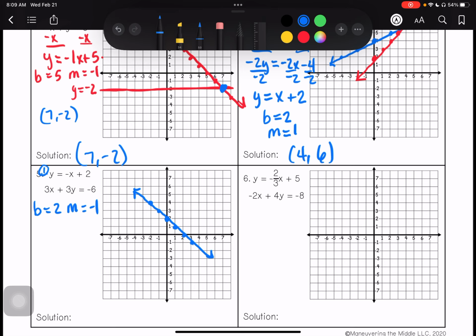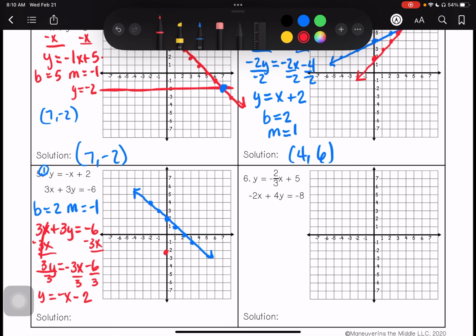And the second equation, which is 3x plus 3y equals negative 6. I'm going to subtract 3x on both sides. This cancels, and I'm left with 3y equals negative 3x minus 6. Dividing everything by 3, y equals negative x minus 2. So my y-intercept is negative 2.